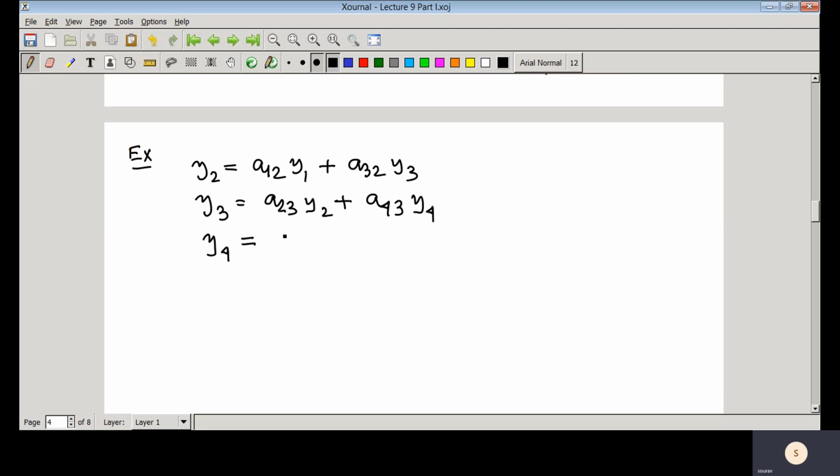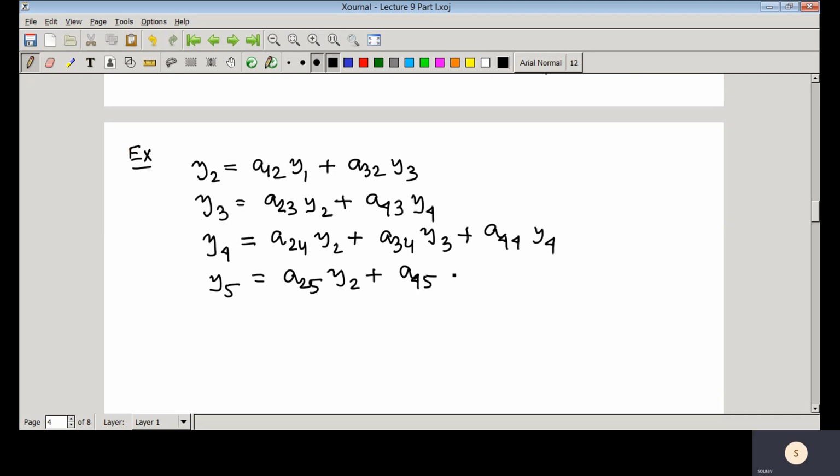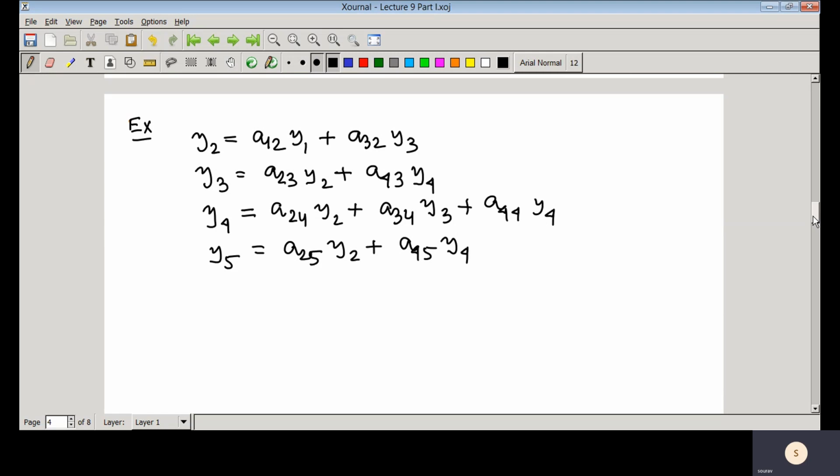Whenever it is described by a set of algebraic equations, you can represent it using a signal flow graph. Then Y4 equal to A24 Y2 plus A34 Y3 plus A44 Y4, and another one is Y5 equal to A25 Y2 plus A45 Y4. So we'll be drawing the signal flow graph corresponding to this set of algebraic equations.